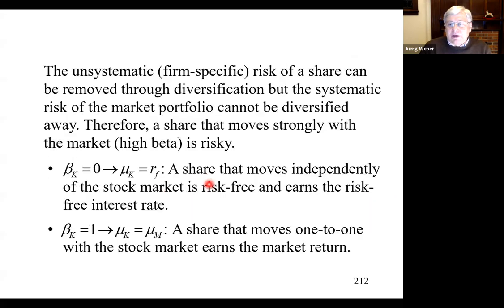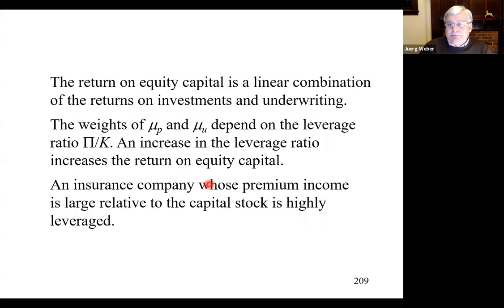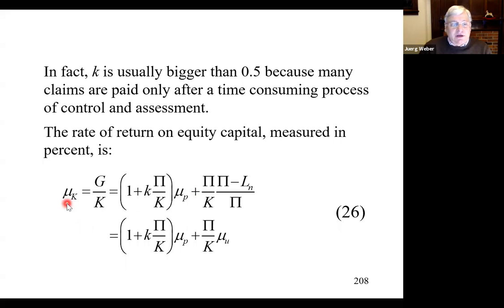So let's go back to 26. Here mu k was a linear combination of mu p and mu u. Here are those returns, and here we have the weights, which depend on the leverage ratio and the funds generating factor. Now we get basically the same linear equation for the beta.